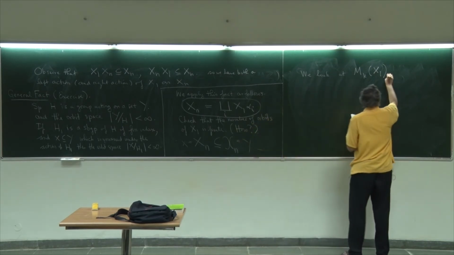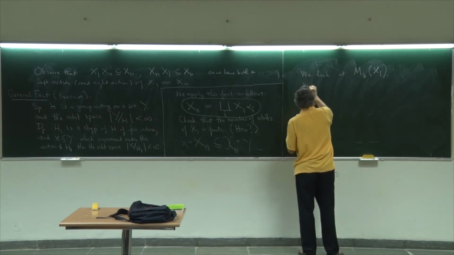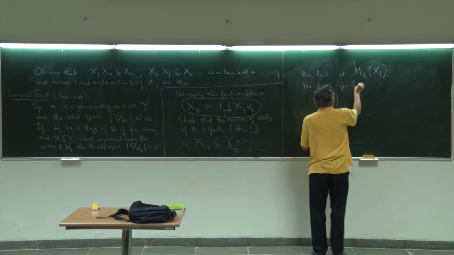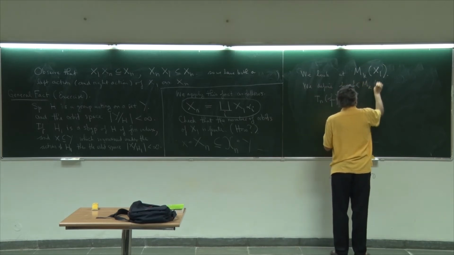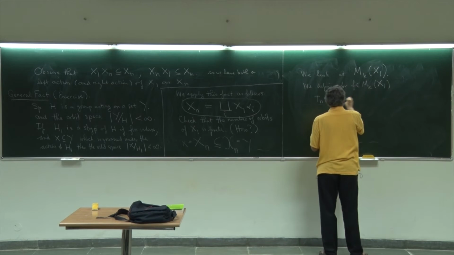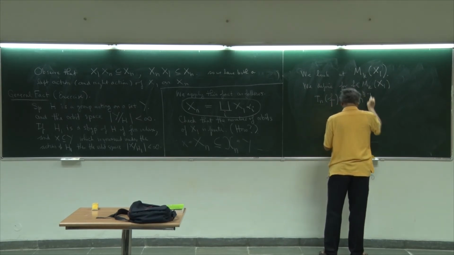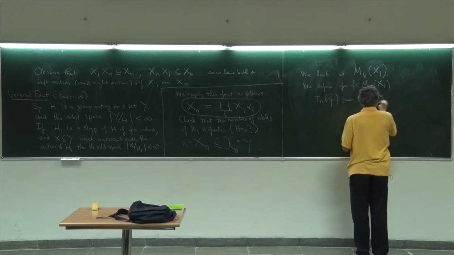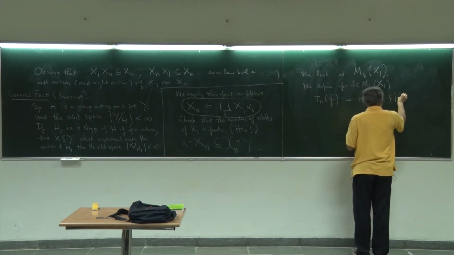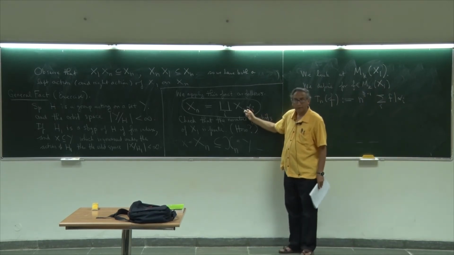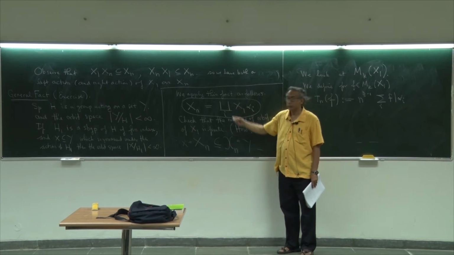And we define the nth Hecke operator, Tn of f, for f in Mk of x1, to be n to the k over 2 minus 1 summation over i of f slash alpha i. So these orbit representatives alpha i will be used to define the Hecke operator.